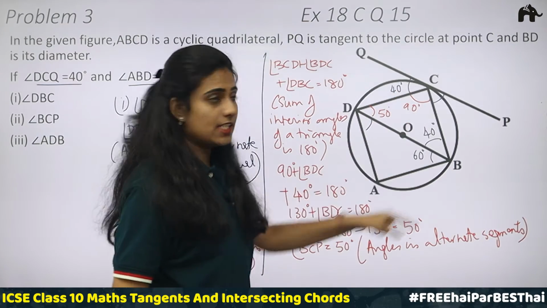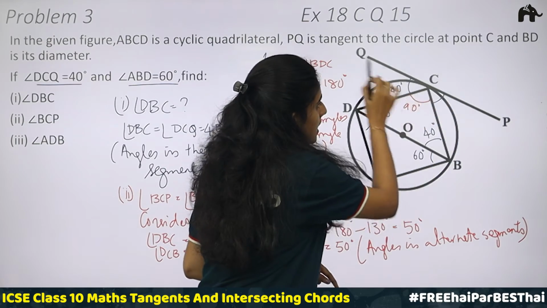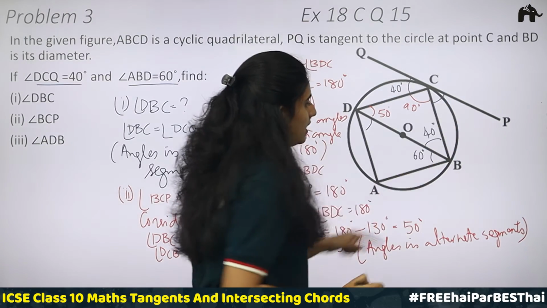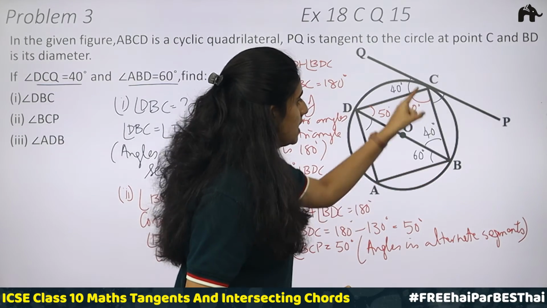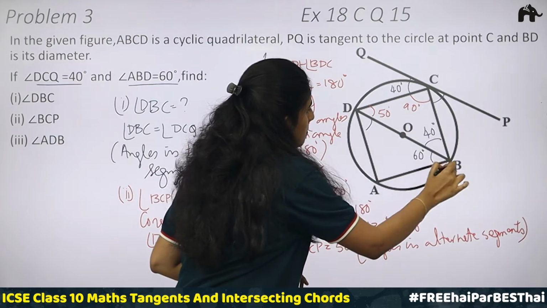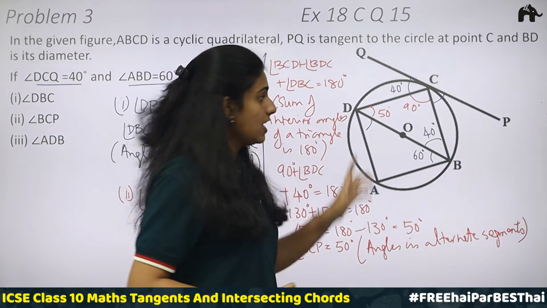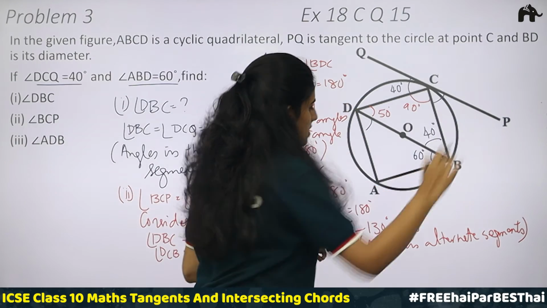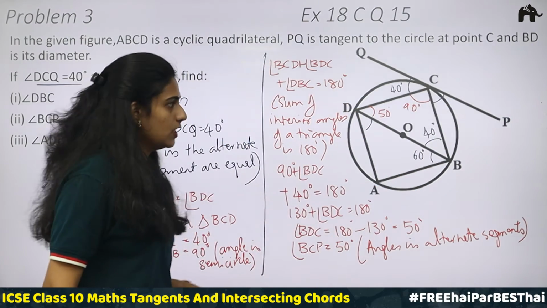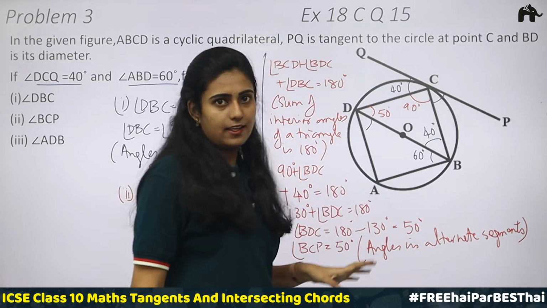Here, when you consider the chord CB, between CB and the tangent we have an angle, which is the required angle BCP. The same chord subtends an angle BDC at point D, which is 50 degrees. Therefore, BCP is also equal to 50 degrees. Okay, alternate segments, the angles are equal.